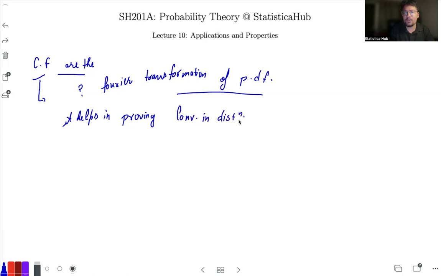And in the course of multivariate distributions, again, the characteristic function plays a vital role. If you have to understand some properties of the multivariate distributions, we can take the characteristic function into consideration.